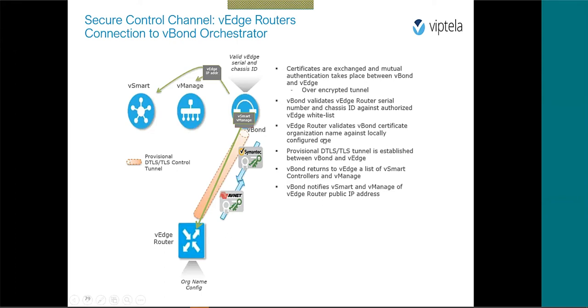So again, you can remember now, vBond is authenticating. vBond collects the public and private IP addresses of these devices, and then they are distributed to other controllers.